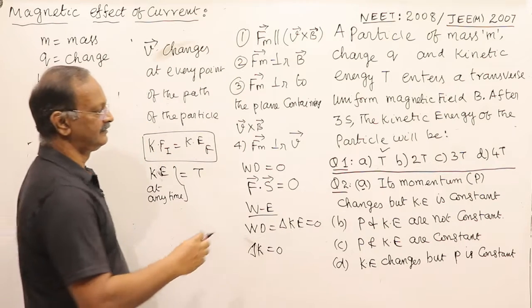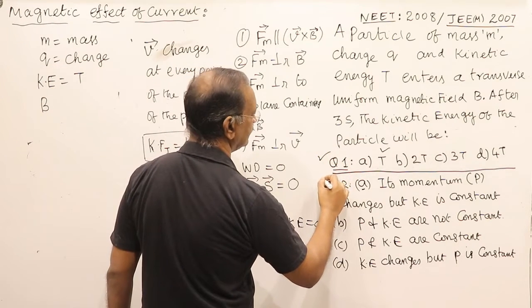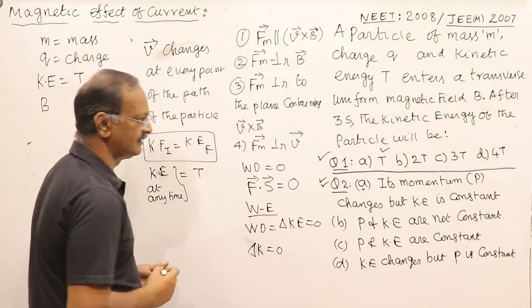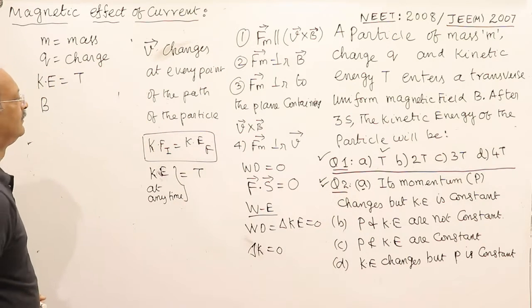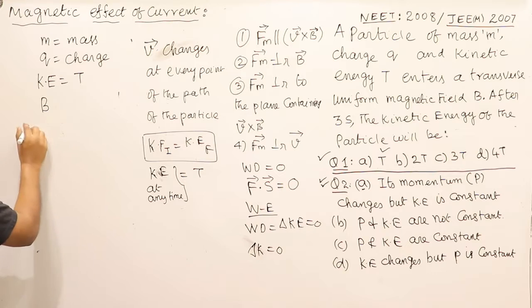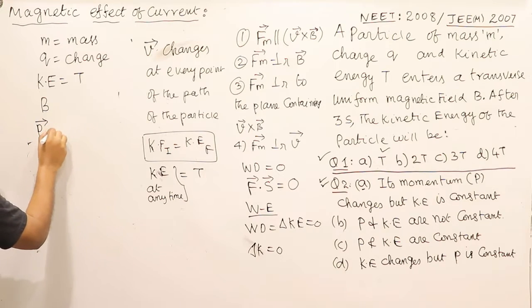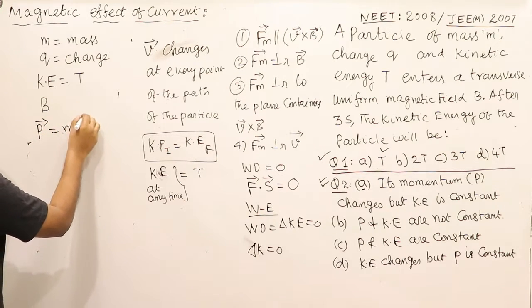Second question: what about the momentum? Momentum is a vector equal to mass into velocity.